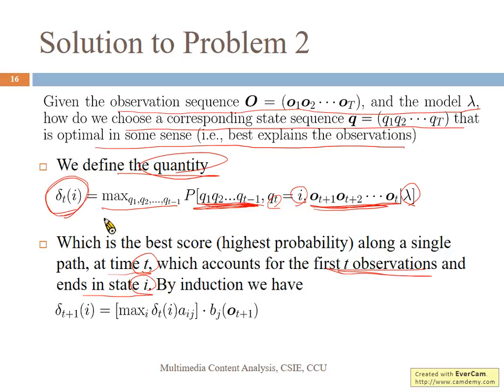So delta t(i) means the highest probability along a single path.